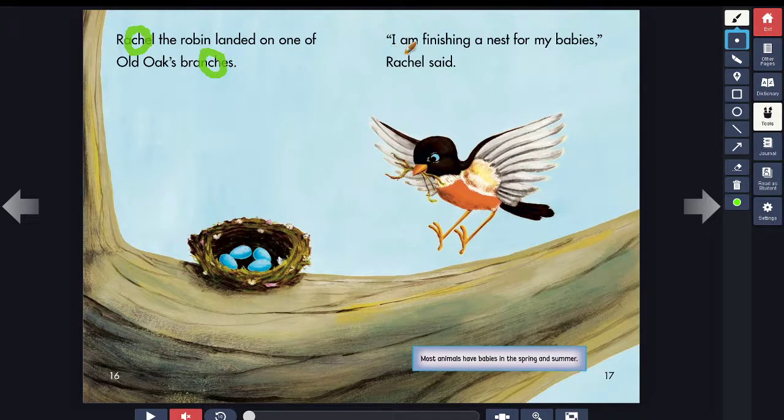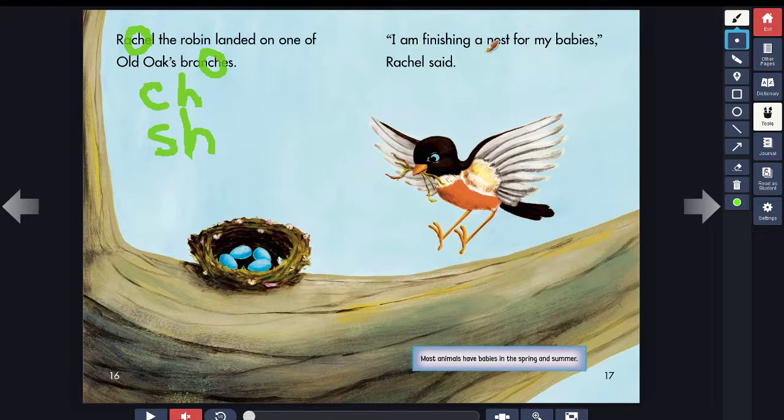We have that ch sound. A lot of times that CH, I'm going to write right in here in the book. Ready? CH. And the SH can be a little tricky because sometimes kids think they sound similar. But if you listen carefully, the CH says ch and the SH says shh.